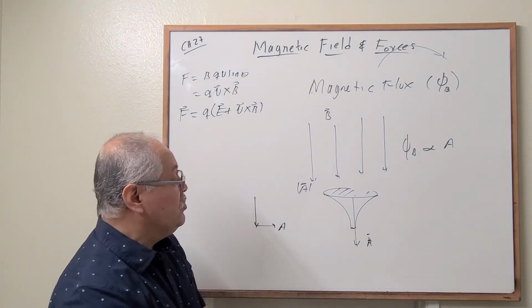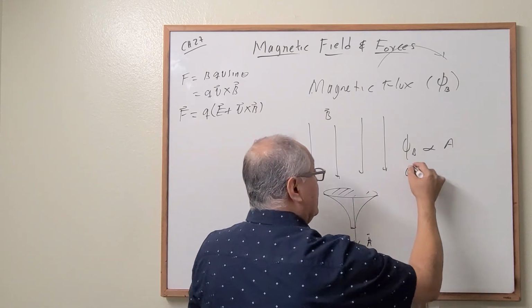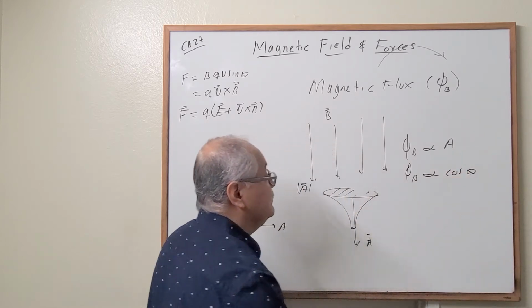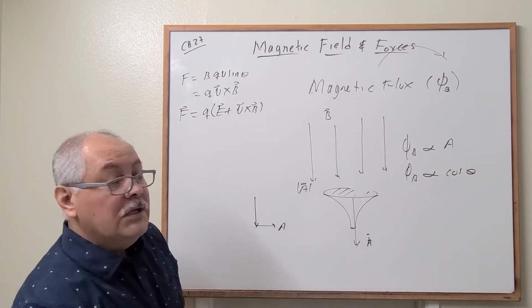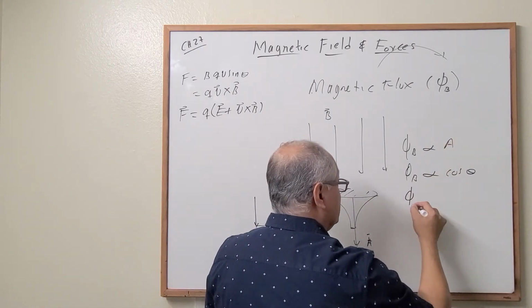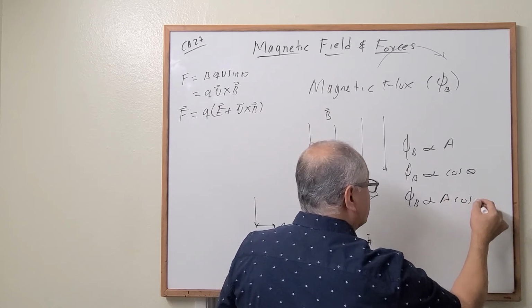What should be the function that helps us to do that? Well, cosine. So phi B is proportional to cosine theta. Now let's one more time multiply these two factors, and the magnetic flux is proportional to area times cosine of the angle.